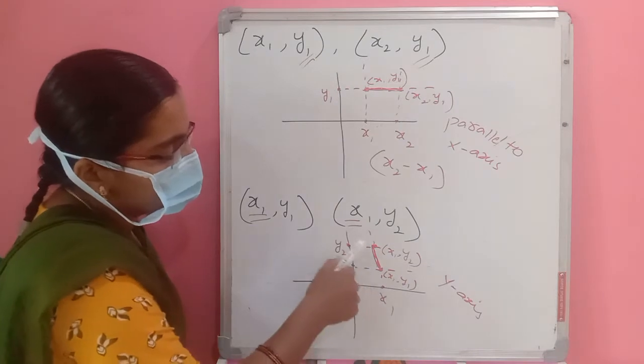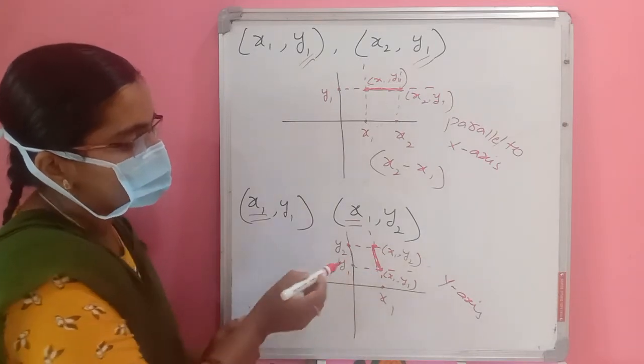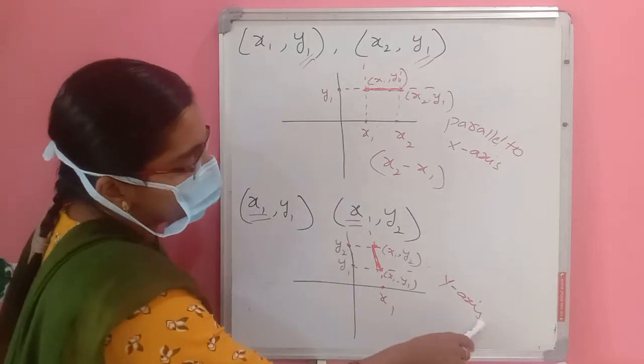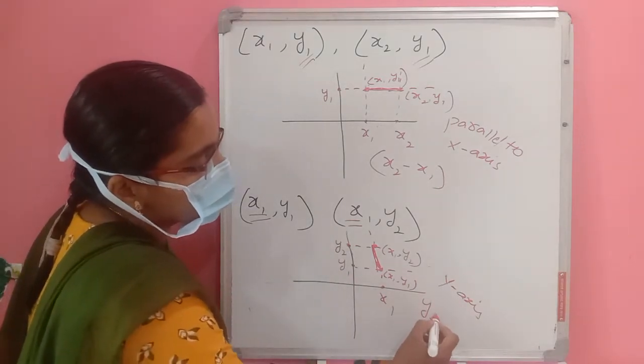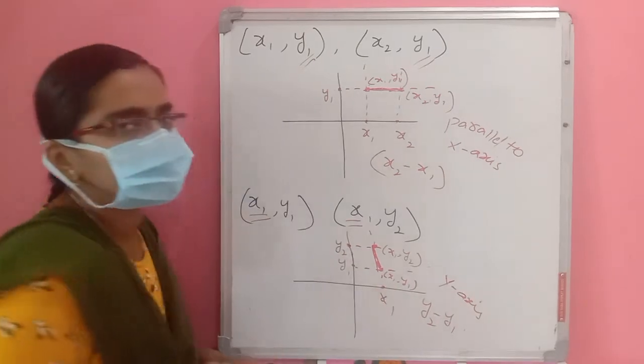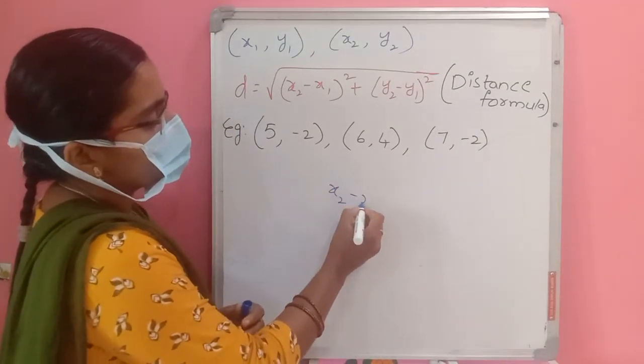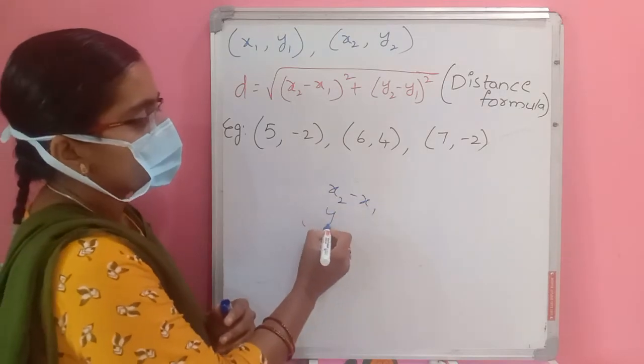The distance between these 2 points is y2 minus y1. So I told you that x2 minus x1 is the distance between those 2 points, and y2 minus y1 is the distance between those 2 points.